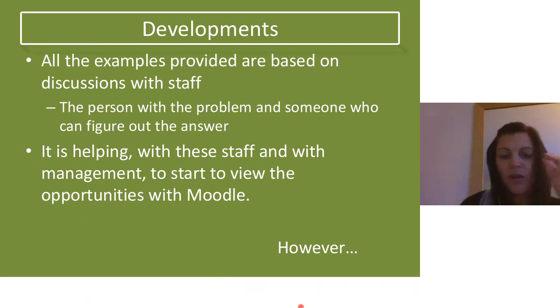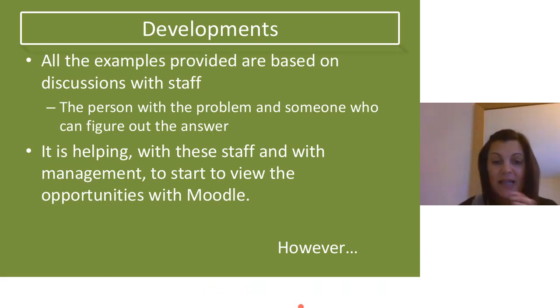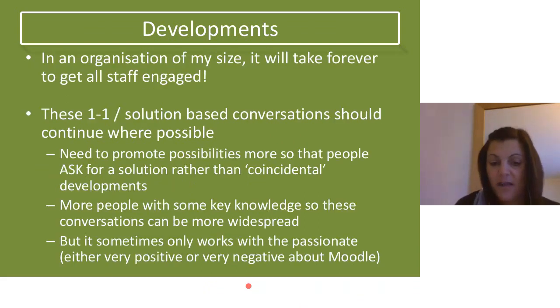Now, all those examples are based on discussions, quite often ad hoc discussions as opposed to planned discussions. And the problem is, if you know the right person, then you can get a solution, and that's brilliant. And it is helping with these staff that's giving us these opportunities. But in an organisation of my size, I could never go around and have those conversations with everybody.